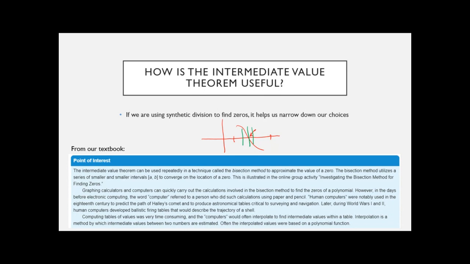And just as a point of interest, for my master's thesis, I wasn't finding zeros. I was finding something else called poles, which is actually zeros in a complex plane when we deal with imaginary numbers. So you have imaginary as your vertical and then real numbers as your horizontal. And so we're finding poles, which is sort of the same idea. I didn't use this exact method because this is basically just looking at a number line.